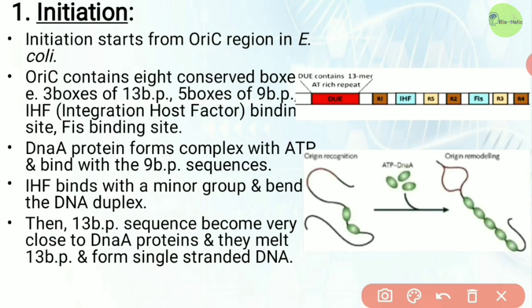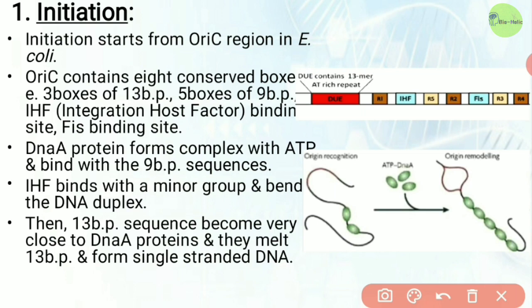So initiation in prokaryotic DNA replication mainly occurs from the OriC region in the case of E. coli, right? Which is a 245 base pair sequence, and it mainly contains a few conserved boxes. That means 3 boxes of 13 base pairs, which are also called 13-mers, which is AT rich, right?